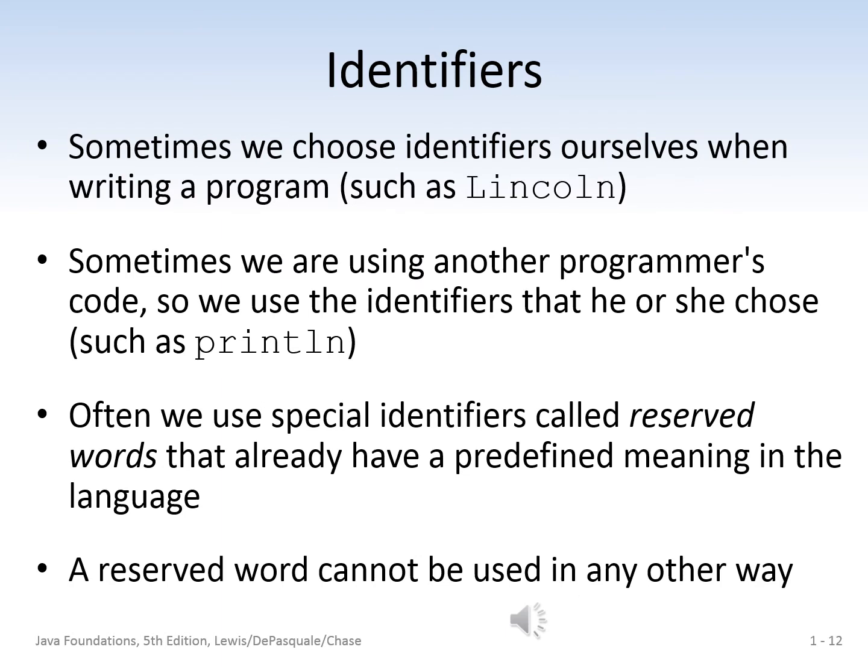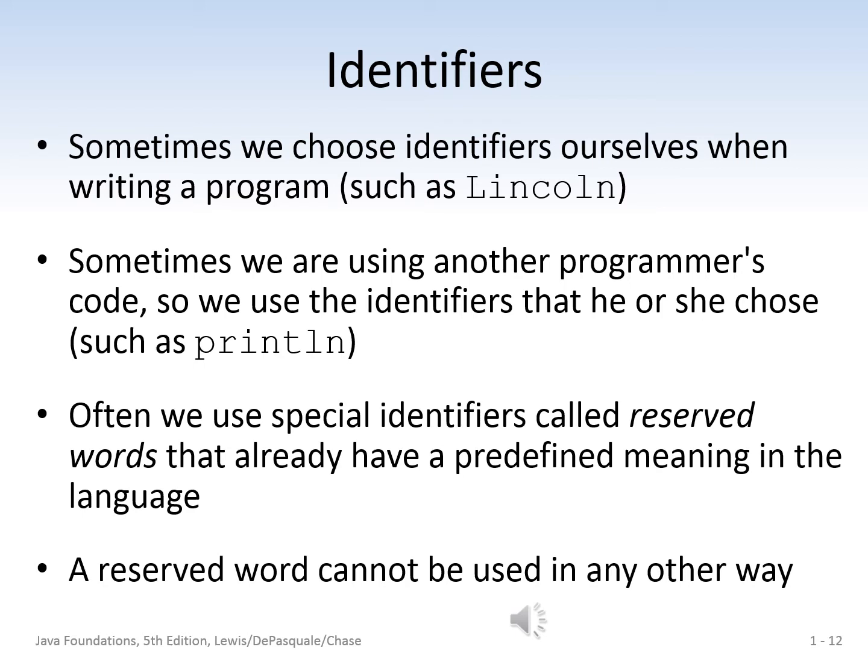Sometimes we create or choose the names of identifiers when writing a program. And sometimes we're using another programmer's code, so we have to use the identifiers that that programmer chose. An example would be println. And sometimes we use special identifiers that are reserved words that already have a predefined meaning in the language.